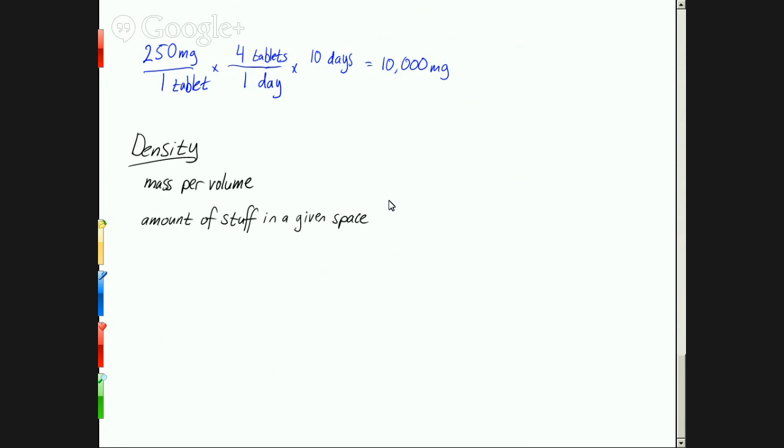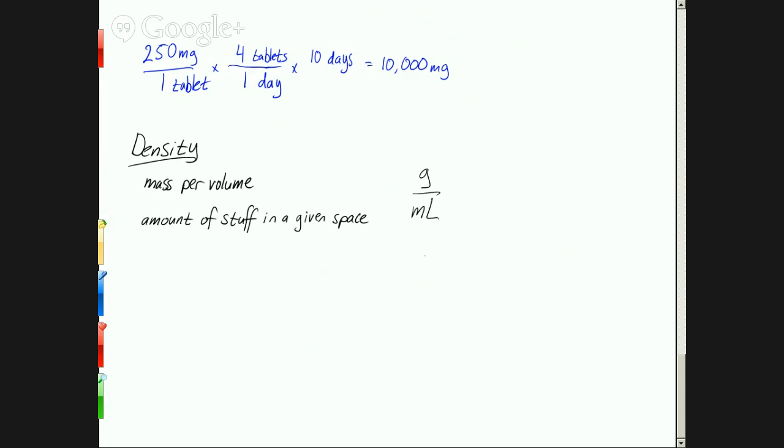So the unit that we use for density is grams per milliliter. All of the other units we've looked at so far just have one unit after them. So many grams, so many milliliters, so many ounces. This is a compound unit where you have grams per milliliter. So how much mass, how many grams, how much stuff is in a milliliter.